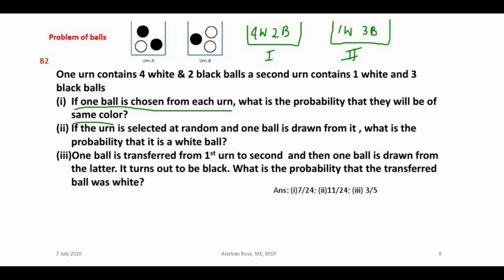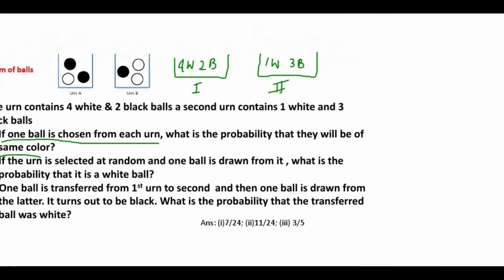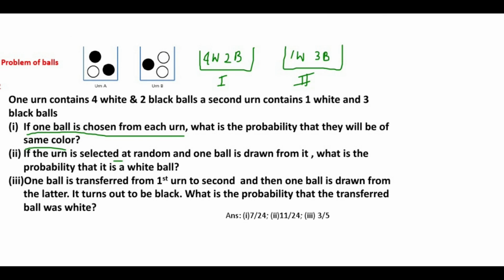Okay, to solve this problem, let us do it in this way. One ball is chosen from each urn. What is the probability that it is a white ball? Okay, so you have to find out the probability of the white ball. So one urn is chosen.